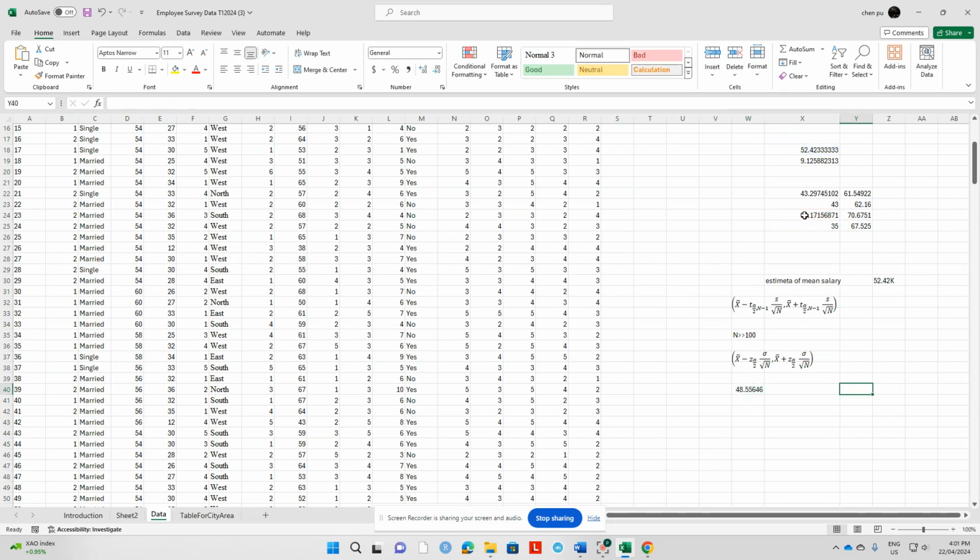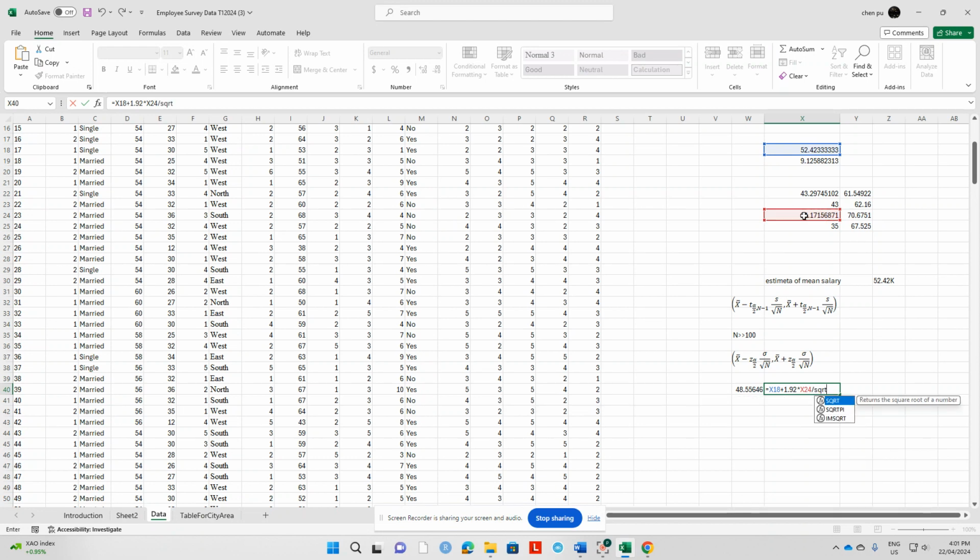And the upper bound is x bar plus z half alpha, so 1.96 times the standard deviation over the square root of 300.